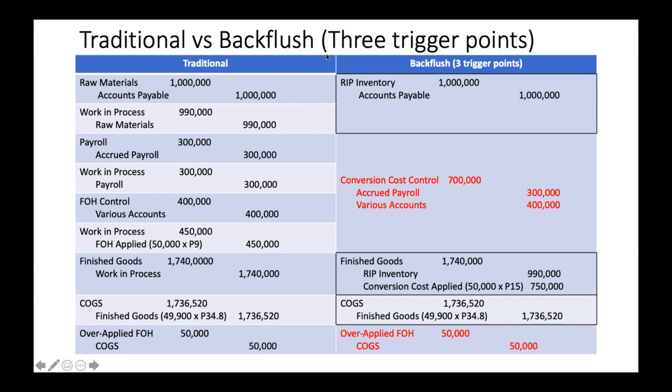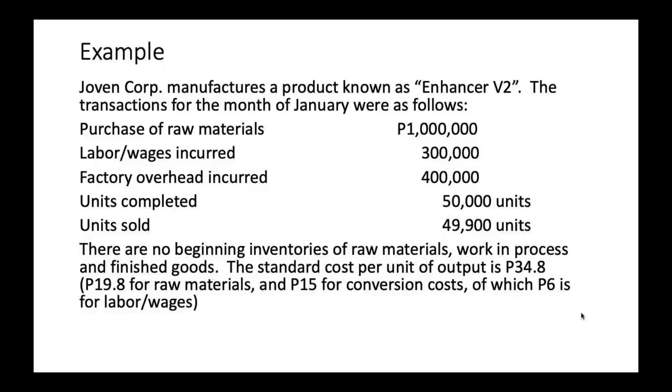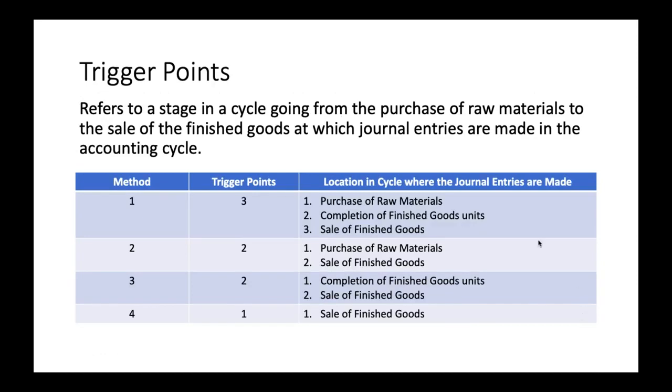Here we will be giving an example for a 3 trigger point backflush costing system. The trigger points would be upon purchase, upon completion, and upon sale. Let me flash back the previous slide so that you will be reminded of the 3 trigger points: purchase, completion, and sale of finished goods.